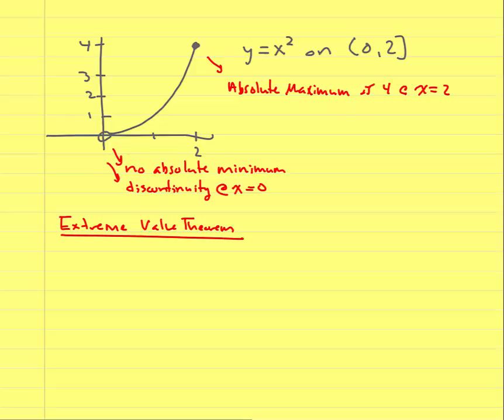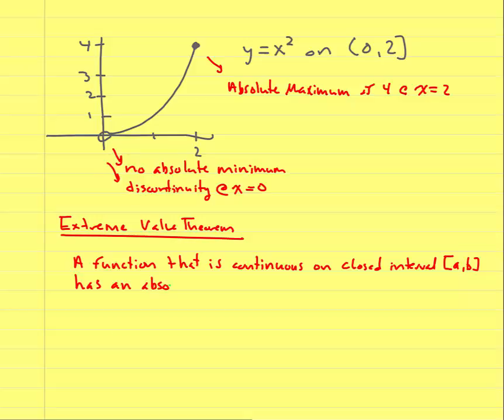But written out, the extreme value theorem basically says a function that is continuous, and we just talked about continuity, so a function that is continuous on a closed interval, and we're just going to call that interval [a, b], and because it's a closed interval, make sure we have those brackets in there, it's guaranteed to have an absolute maximum value and an absolute minimum value on that interval.